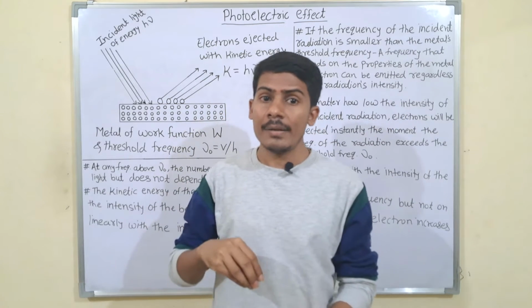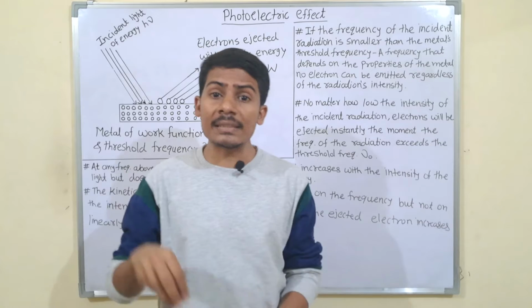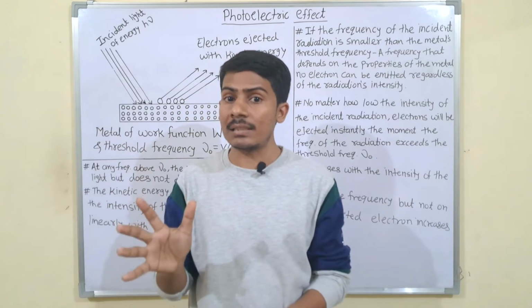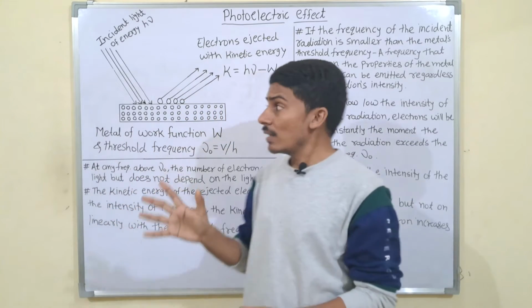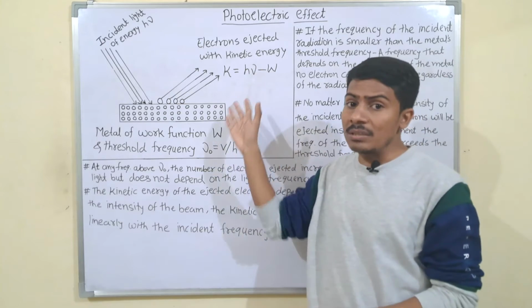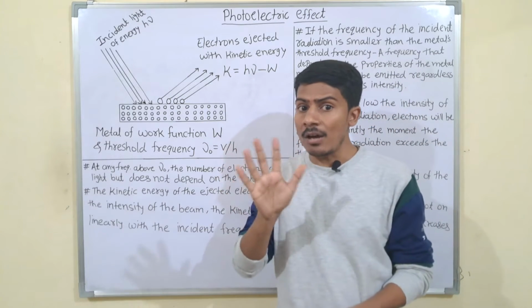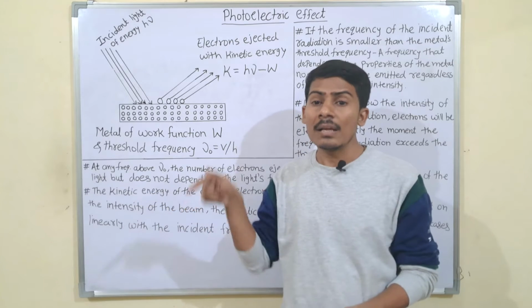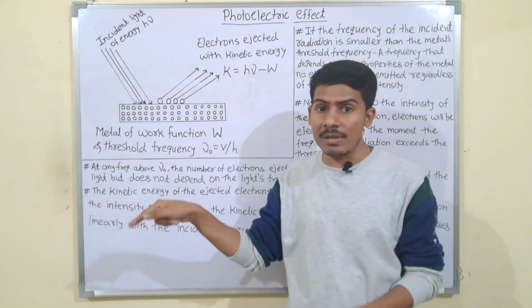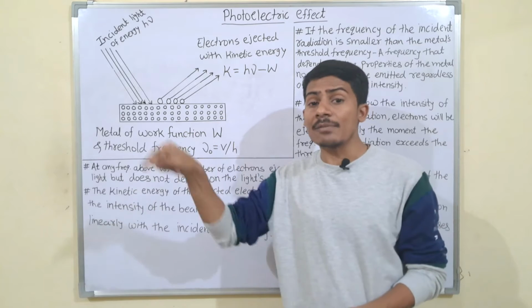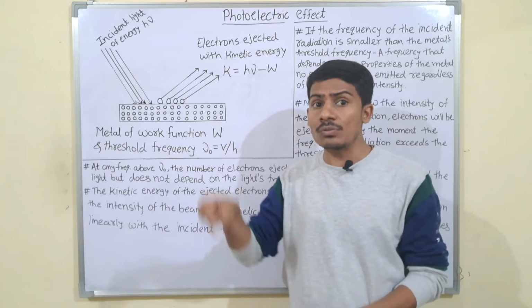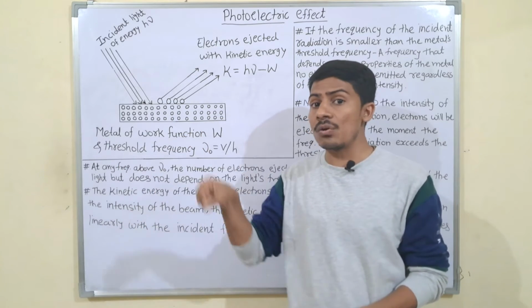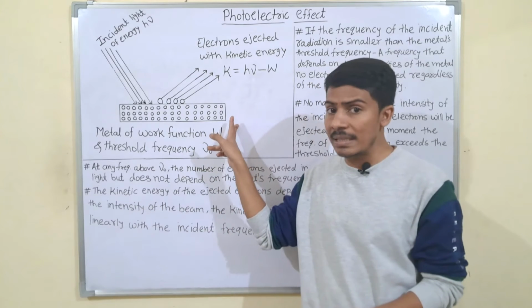But now consider the word intensity. The emission of electrons does not depend on the intensity of the light, but on the frequency, and that light frequency must be equal to or greater than the threshold frequency of this material.